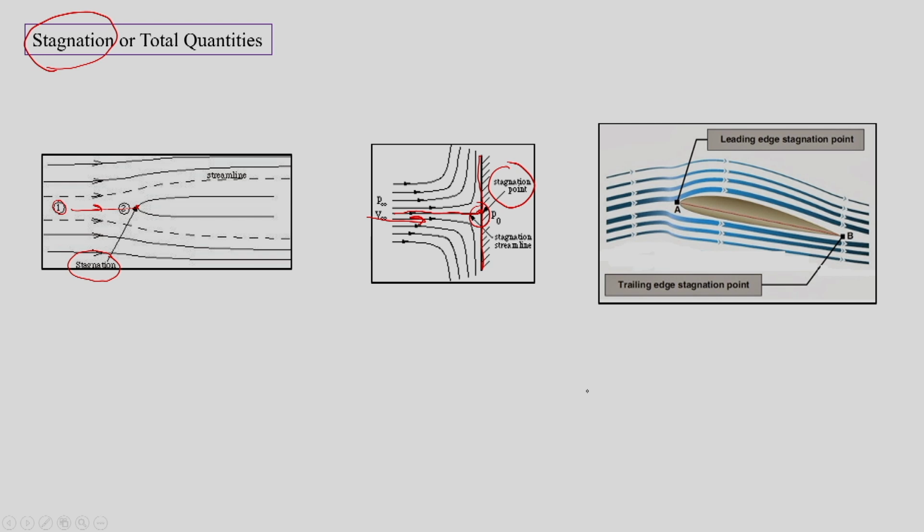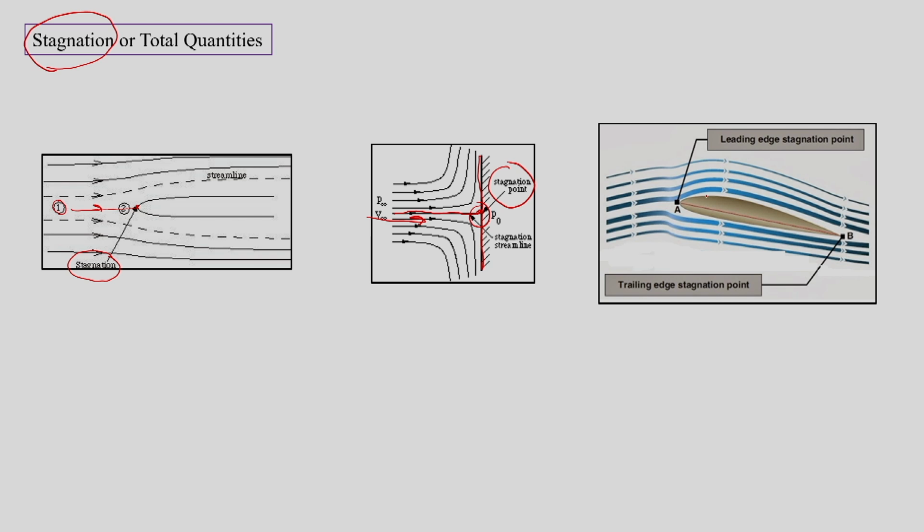In the second example we have a vertical plate and the flow is coming in the direction parallel to the area vector of the plate, such that when the velocity streamline hits over here, we get a flow with 0 velocity, and here as well the same point is called the stagnation point.